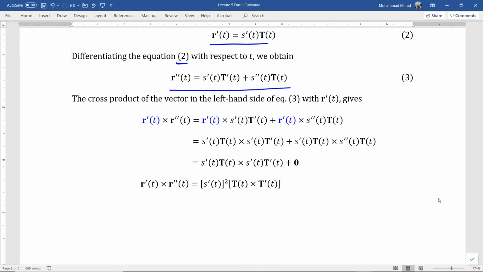The cross product of the vector in the left-hand side of equation 3 with r prime gives this equation. So we take the cross product of equation 3 with the vector r prime.